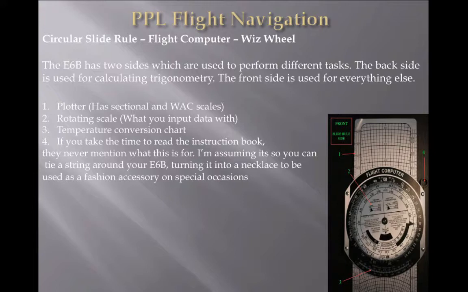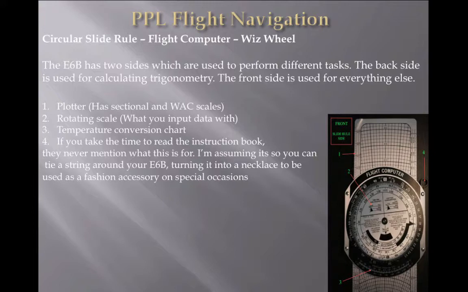So the basic parts. One is the plotter, and again we'll get to that in part 2. On the opposite side of the plotter, there are some helpful calculating tips that you can use. This will come in very handy when you're in the exam, when you're trying to recall how to do various bits and pieces. Number 2 is the rotating or the circular part of that slide rule.